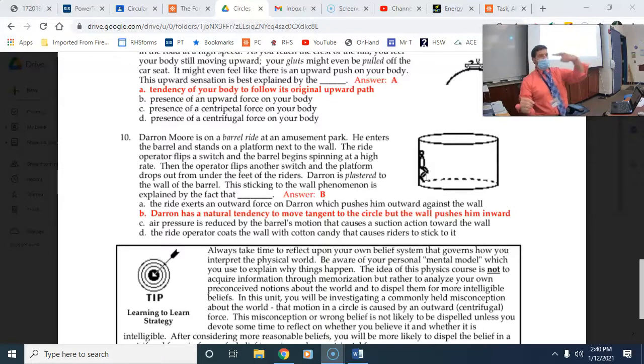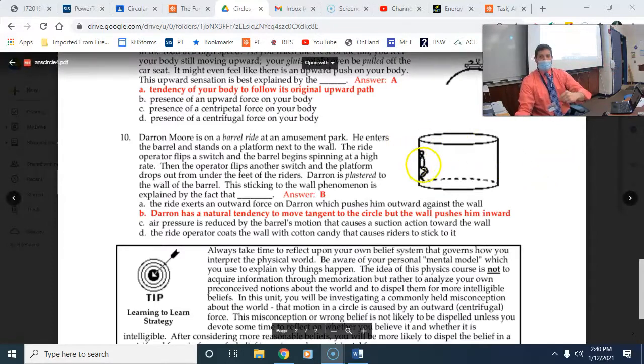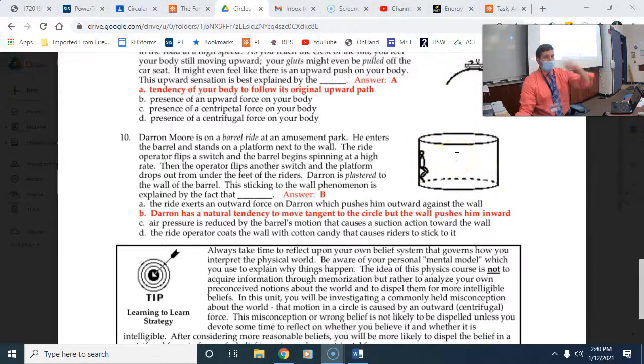The wall pushes back on you, and because you want to fly off, it feels like you're forced outward, but you're actually not. There's not a force. You do want to fly outward, but the effect of the force is inward on you. This wall is pushing towards the center of the circle on you. But that interaction makes you feel pressed to the wall.